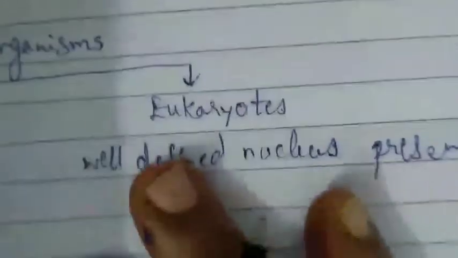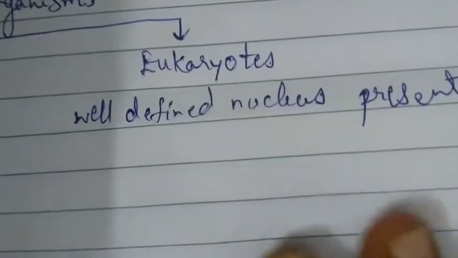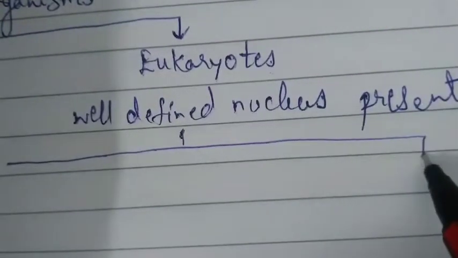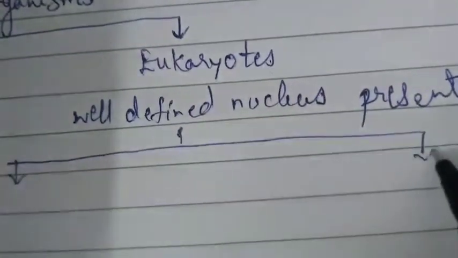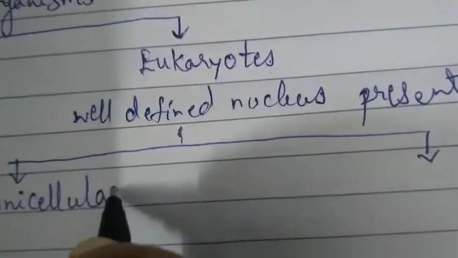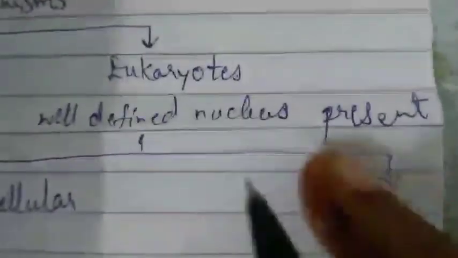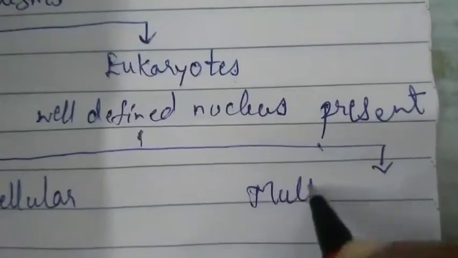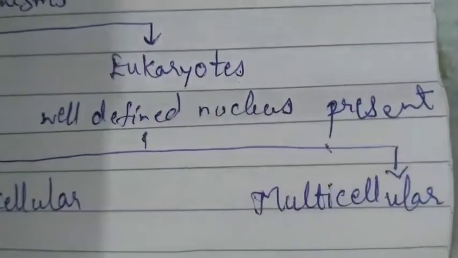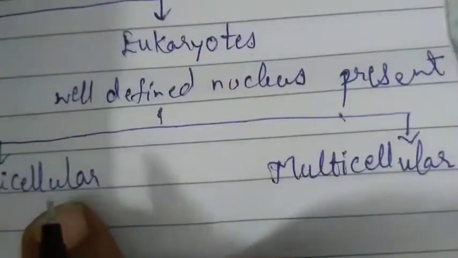Now eukaryotes: what can you do for eukaryotes? Eukaryotes can be classified again into two subgroups, unicellular and multicellular, based on whether they have a single cell or many cells.